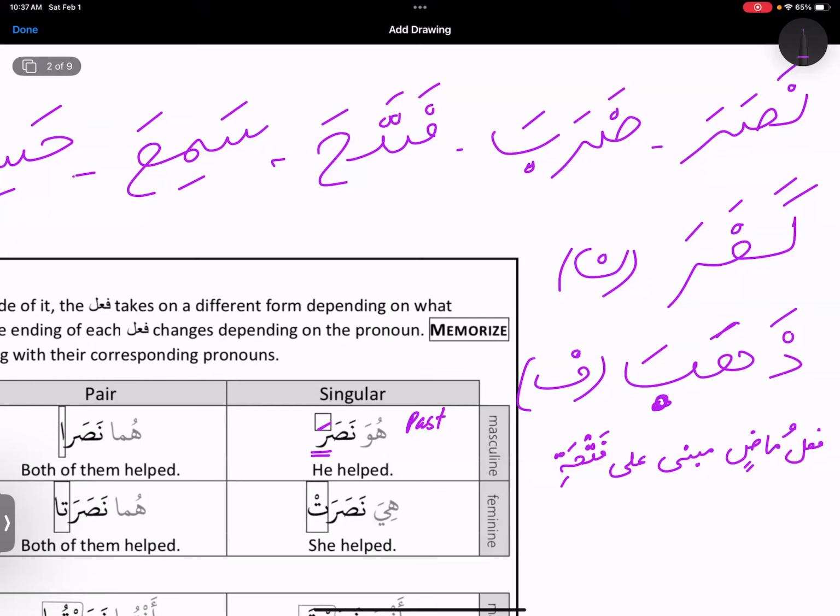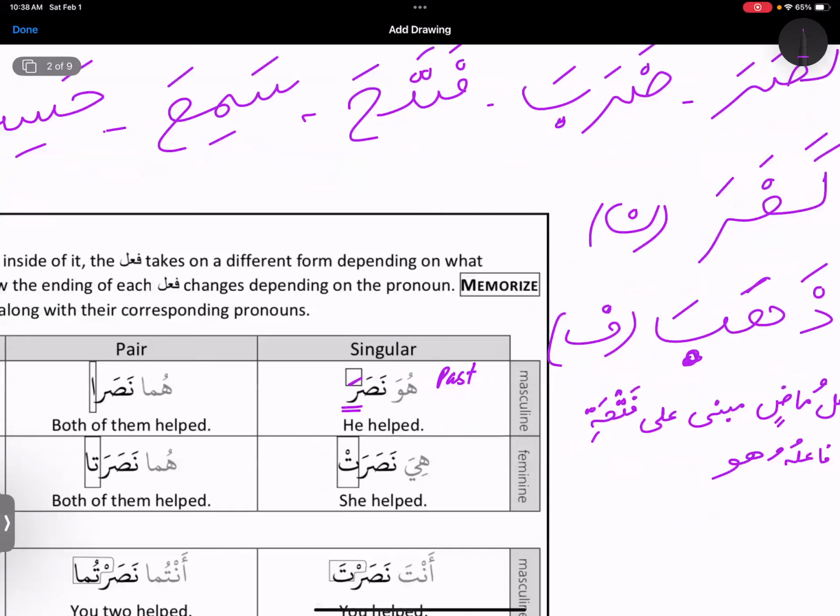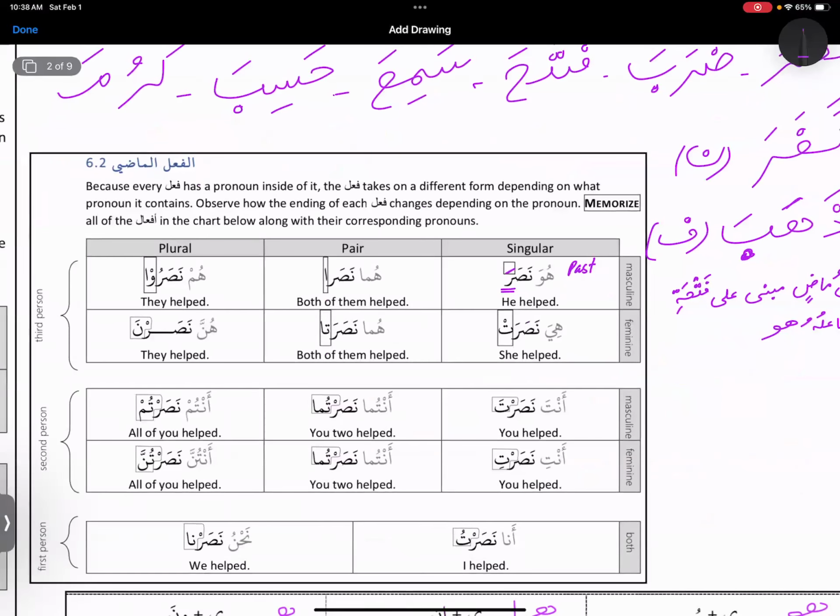And that is for, we're just going to say, the huwa version, and then we can say fa'iluhu huwa. And sometimes you're going to find taqdiruhu huwa, right? Same thing. Taqdiruhu huwa means the estimation or implied is huwa. Huwa is implied over here. So that is our huwa version.